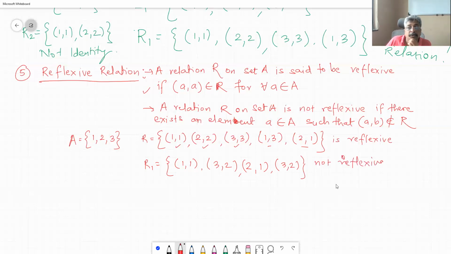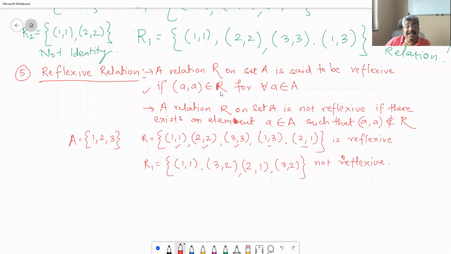Sir, it should be (a, a) not belonging to R, not (a, b). Yes, it should be (a, a). I unconsciously write that as b somehow. I don't know why. But the moment I am writing an ordered pair, see, now also I was about to write b.